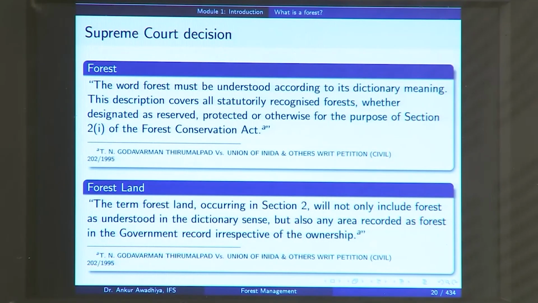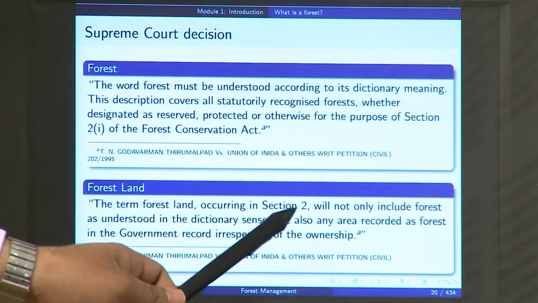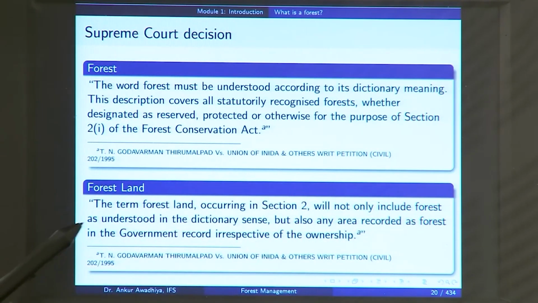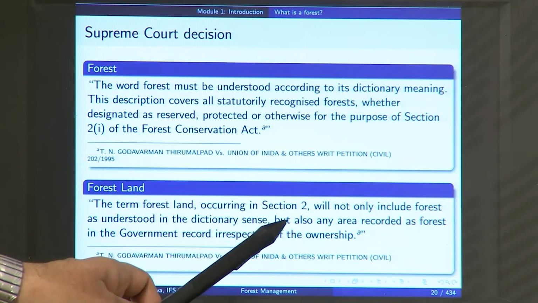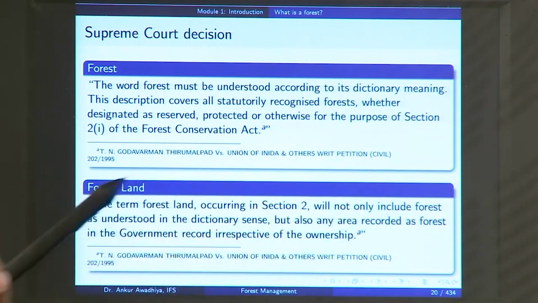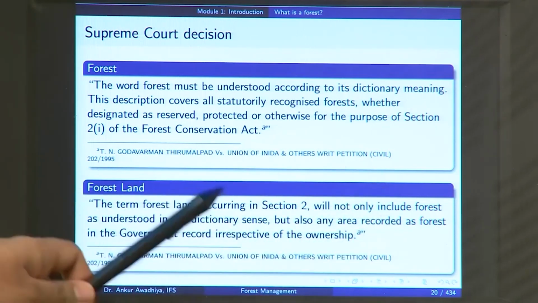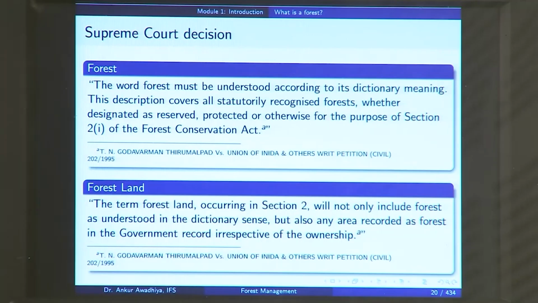So, the Supreme Court says the term forest land occurring in section 2 of the Forest Conservation Act will not only include forest as understood in the dictionary sense, but also any area recorded as forest in the government record irrespective of the ownership. So, the Supreme Court is saying here that there is a difference between forest and a forest land.